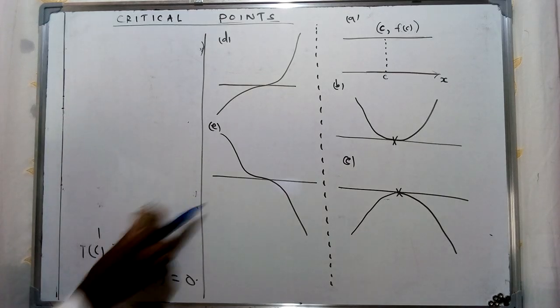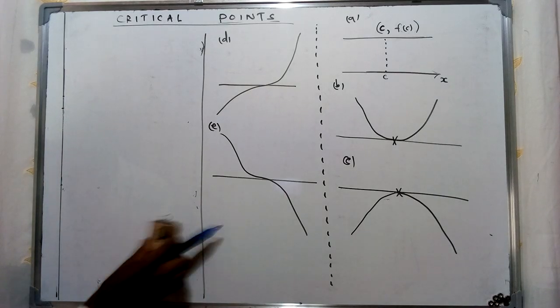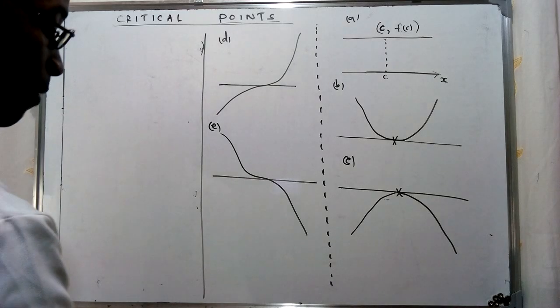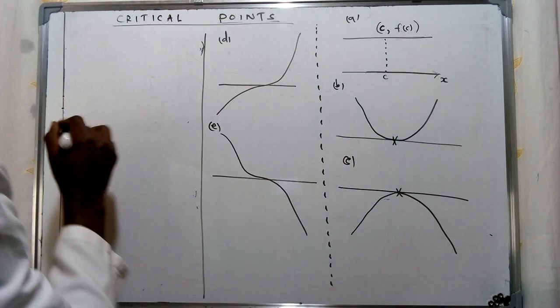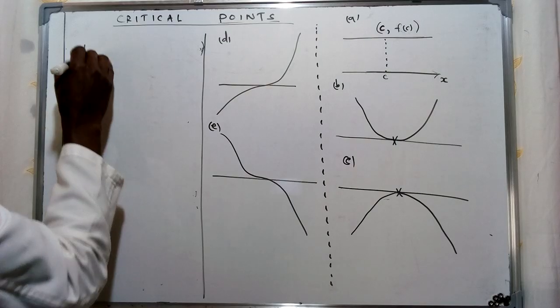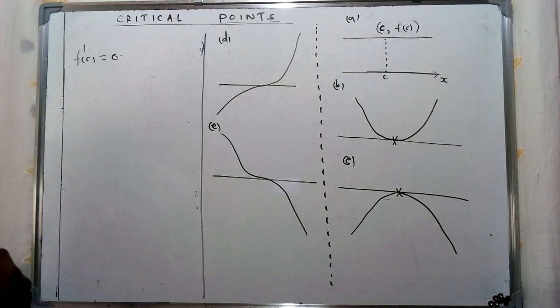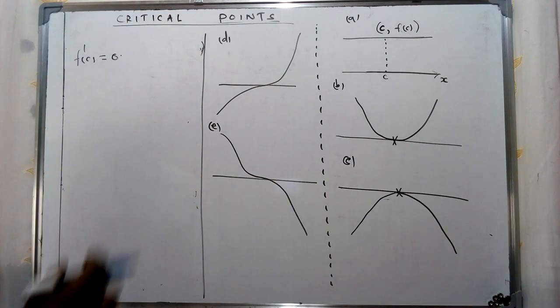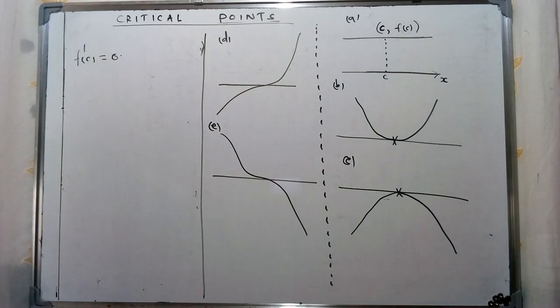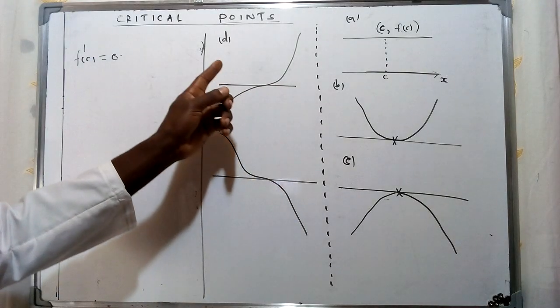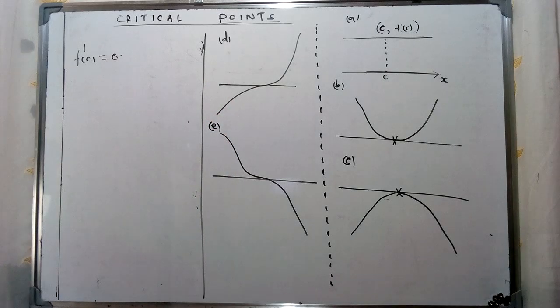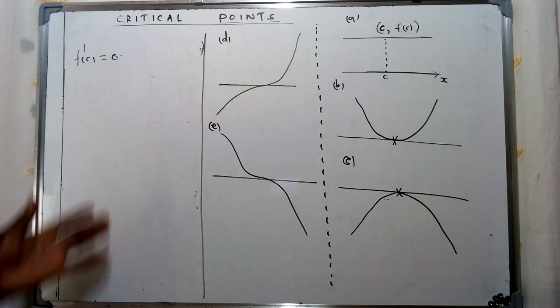Now, such a point whereby f'(c) is equivalent to 0 is what we refer to as a critical point. Now, we're going to consider a range of critical points A, B, C, D, and E. And these are going to be described for a function y is equivalent to f(x), a differentiable function f.